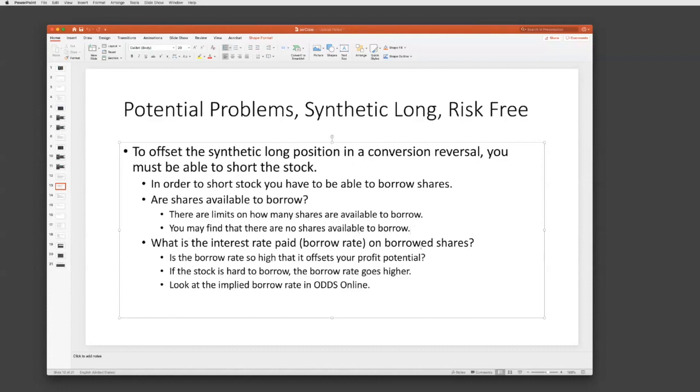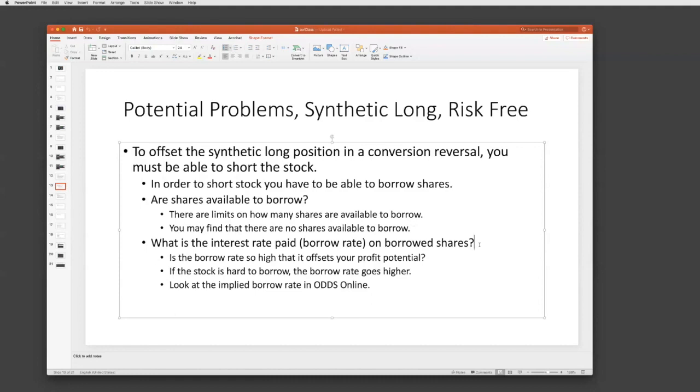Then if you can borrow those shares, a lot of the time when you short a stock, if the stock is easily borrowed, if it's something that's available all the time, then you hold cash in your account to pay for the borrow price. Okay, so you have a margin on that trade.